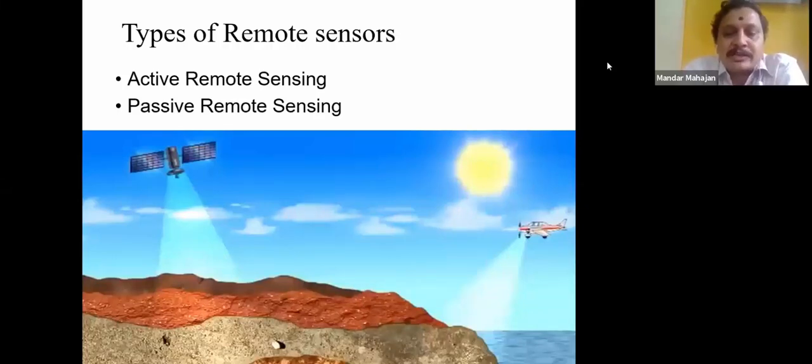Whereas in passive remote sensing, the data is acquired mostly from a natural source, that is the sun. Now, what you can see in this image is the sun, which sends incident electromagnetic radiation, and all these different features, the water surface, the soil, the vegetation, or any hard rock, reflect the energy.